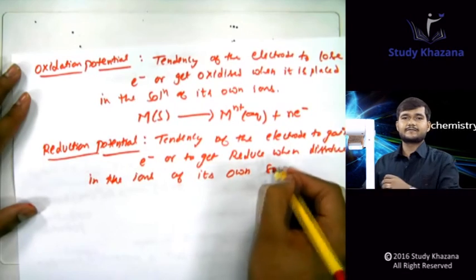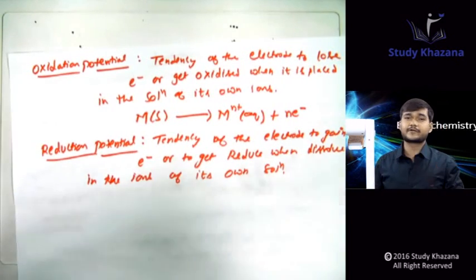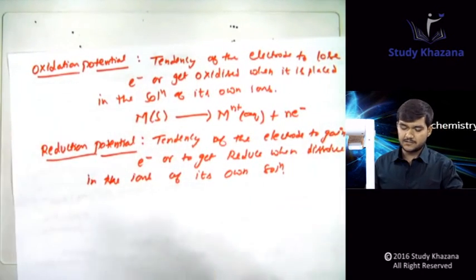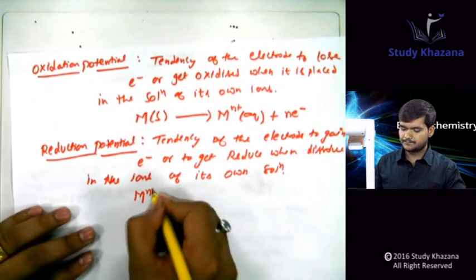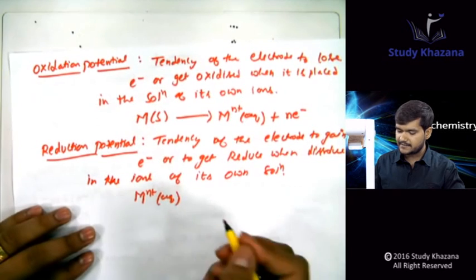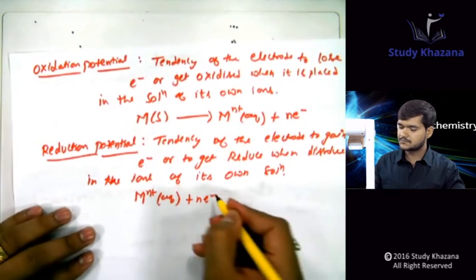So I have explained what oxidation potential and reduction potential mean. A general reduction reaction is like Mn+ aqueous: the metal gains n electrons to become M solid.